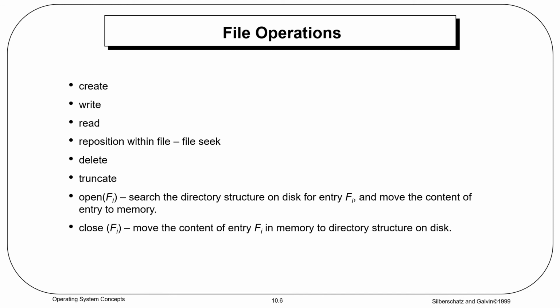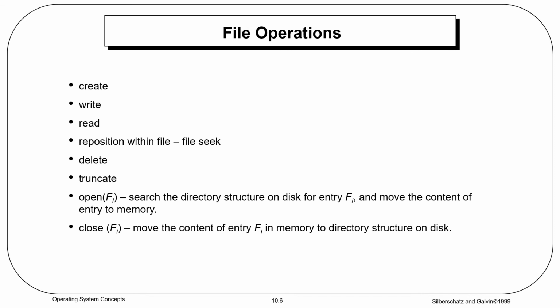Next we will discuss reading a file. To read from a file, we use a system call that specifies the name of the file and where in memory the next block of the file should be put.